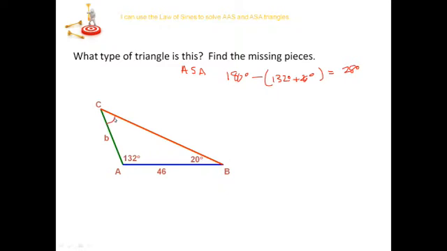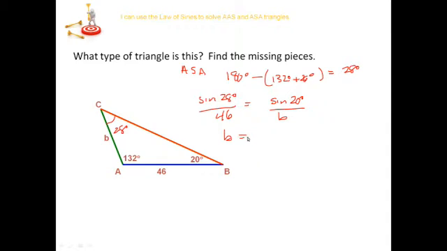I know the measure of angle C is 28 degrees. Okay, let's use the law of sines. So the sine of 28 degrees over 46 is going to equal the sine of 20 degrees over B.